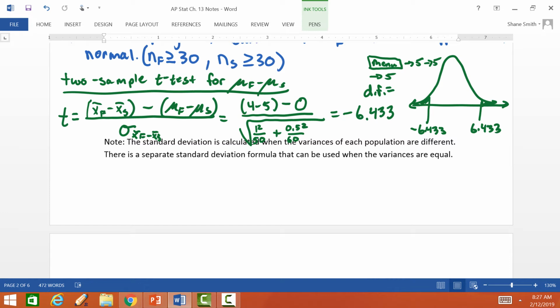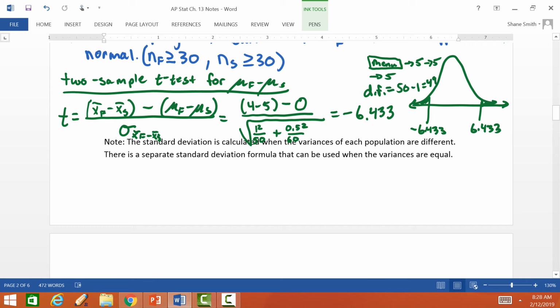But if you're doing this manually by hand, the more conservative approach, which will maximize the p-value, is taking the smallest sample size minus 1. So that's 50 minus 1, which is 49. So we're going to use 49 degrees of freedom. Most of the time you'll do this calculation with the calculator anyway. And by calculator, I mean you'll use the actual statistical test in the calculator, and we'll do that in a little bit here.